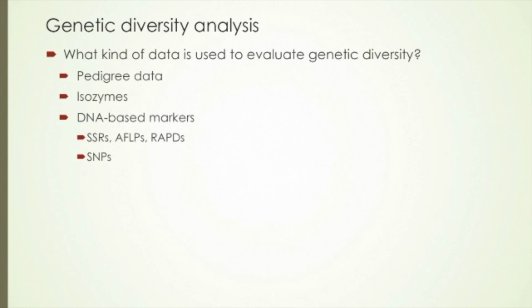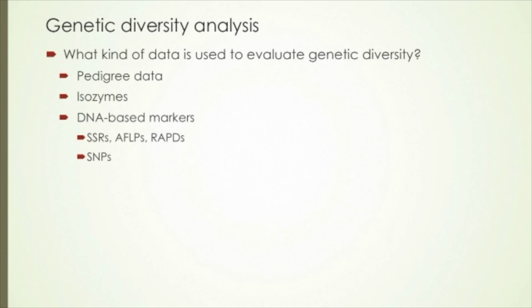This is carried out using a variety of data, such as pedigree data, not suitable in natural populations, as this information is hardly available. Also biochemical markers such as isozymes, which are no longer used for this purpose, and molecular markers evaluated by PCR amplifications, such as AFLPs, RAPDs, and microsatellites.